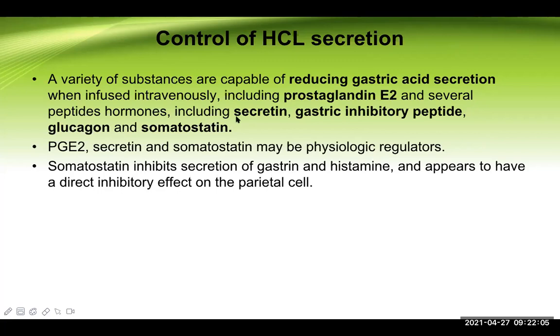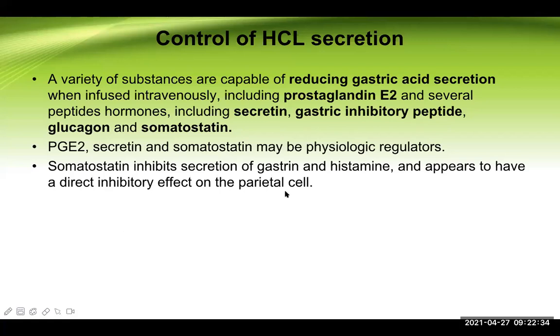Several other peptide hormones decrease acid secretion, like secretin, somatostatin, gastric inhibitory peptide, and glucagon. See this: secretin, somatostatin, even CCK, cholecystokinin, glucagon, and gastric inhibitory peptide. All of these are inhibitory for the release or secretion of hydrochloric acid.